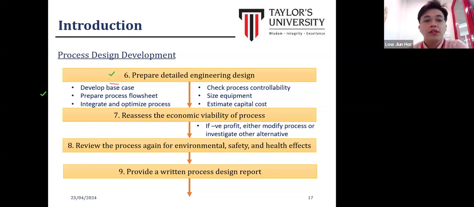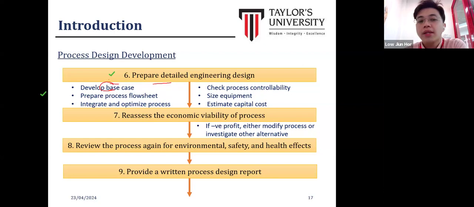First, what is the base case? Just now we already know what product we are going to produce, and we also already identified the most suitable process or technology to produce our product. And these are all considered as the base case of our chemical plant design.